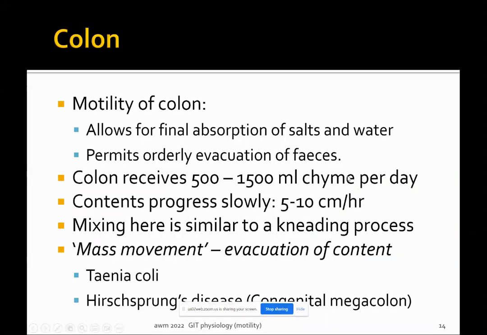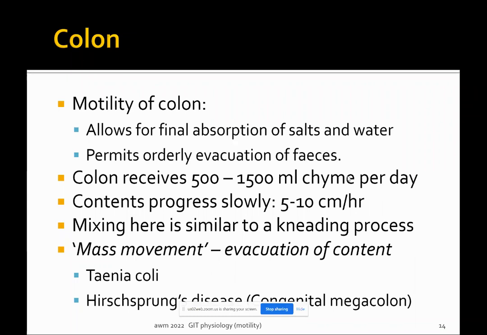Okay, so finally, I think we're almost at the end of motility, and we're looking at motility of the colon. And remember, in the colon is where you get the final absorption of salts and water. So any salts that have escaped absorption when the contents are flowing through the small intestine, they will be absorbed in the colon.